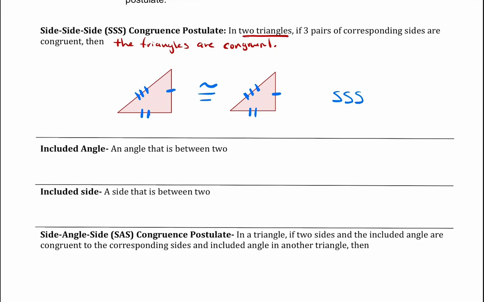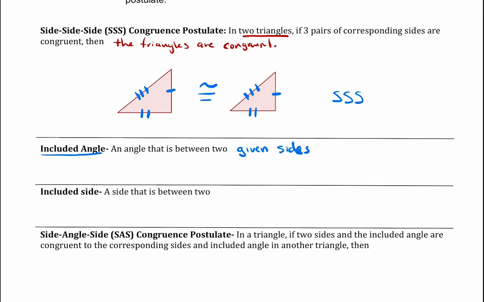All right. Next, we have a definition here, an included angle. The definition of that is an angle that is between two given sides. So, as a picture, if we draw a triangle here. Oh, let's try that again. Oh, that's not a triangle either. We'll try one more time.